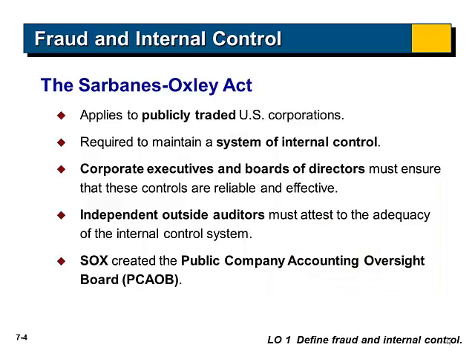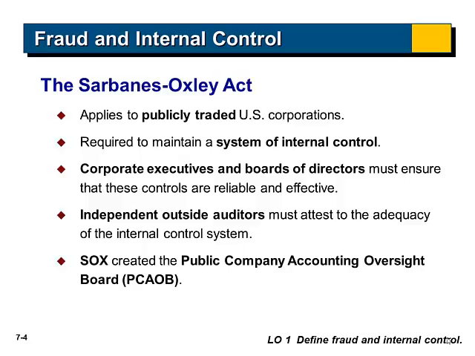Okay, so we talked a little bit about fraud. I need to talk about the rules against fraud, and those come into play when we talk about the Sarbanes-Oxley Act. The Sarbanes-Oxley Act is a piece of legislation that was signed into law in about 2002, and it applies to publicly traded corporations.